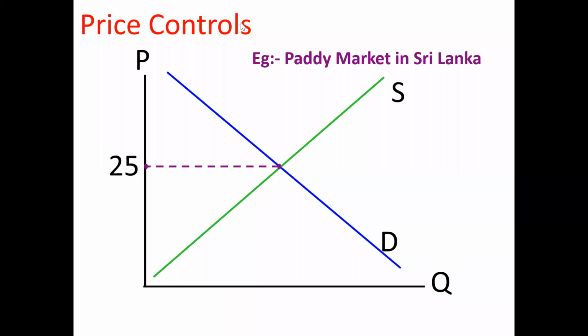Sandhi? Sandhamini? Amit, what do you feel? Above 25. Yes, because now this 25 rupee is not fair for the farmers.